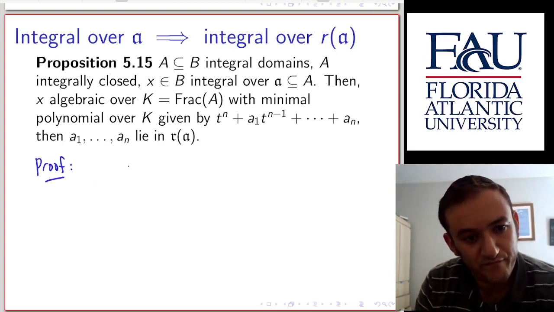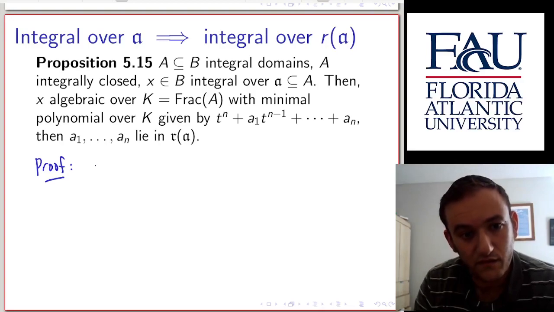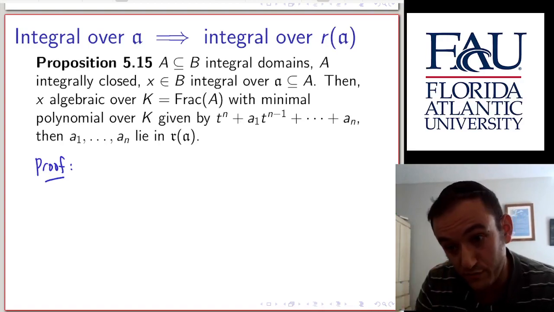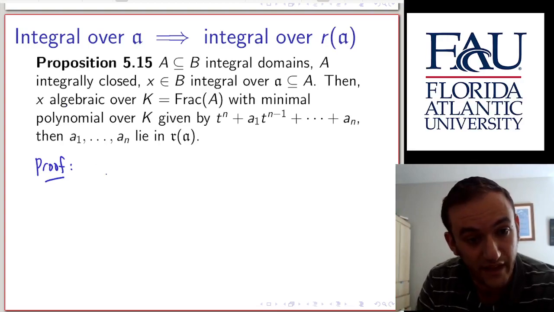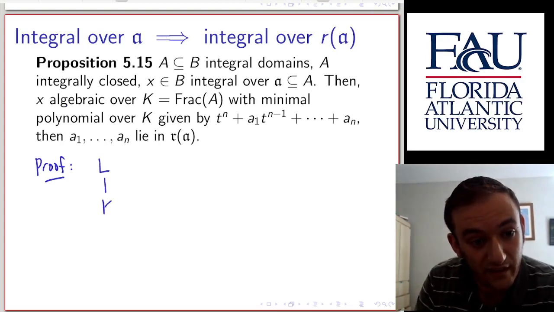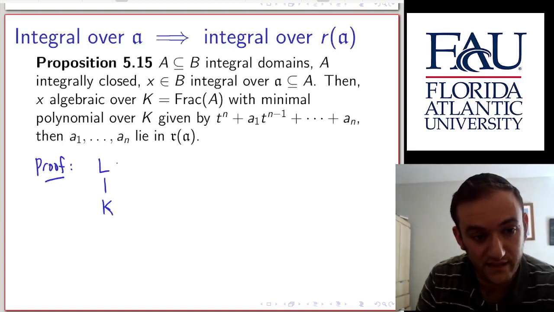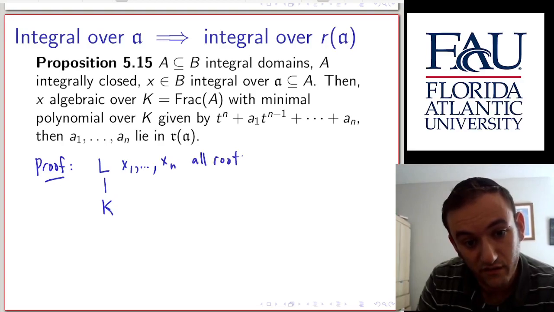Let's prove this result. If x is algebraic over K, then its minimal polynomial has all of its roots contained in some algebraic extension. So if we have L over K, we're saying this has x1 through xn, all roots of this polynomial p of t.